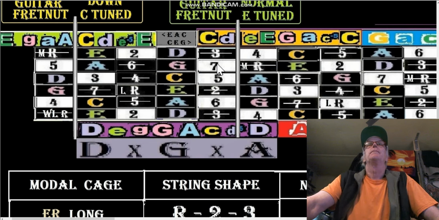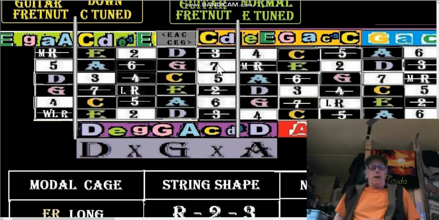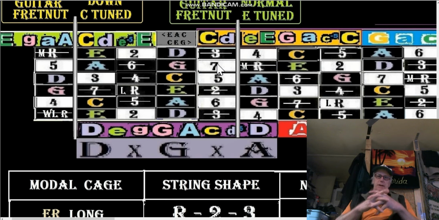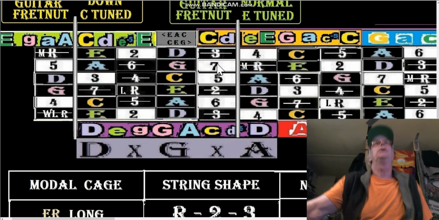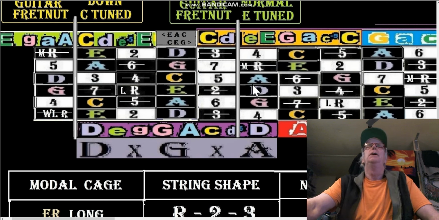So what do we do? And that is a good thing to learn now, because when we get to the next 2 fretboards, we're going to learn how to go to the next cage up, just to get used to going that D goes to C in caged.